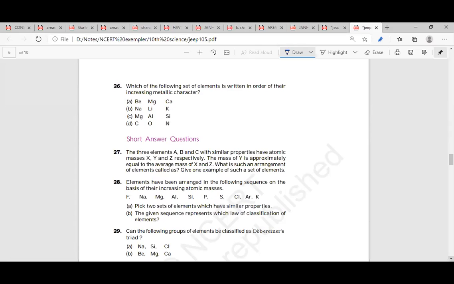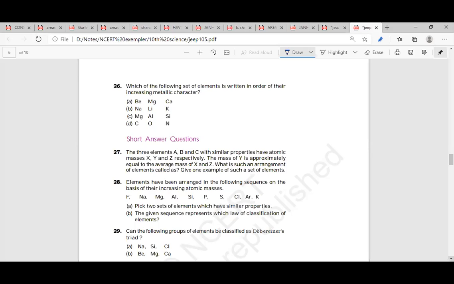Give an example of such a set of elements. Lithium, sodium, and potassium: the atomic mass of lithium is 7, sodium 23, and potassium 39.